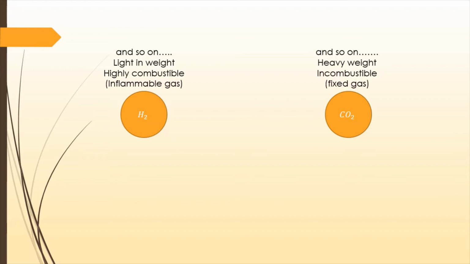But according to Dalton's theory, each form of matter is made up of some smaller particles. So Dalton believed that hydrogen and carbon dioxide are also made up of some smaller particles. Assuming this, he studied their chemical reactions and chemical properties, and found two interesting things.